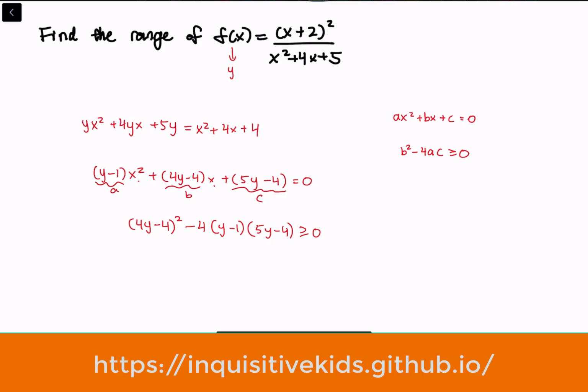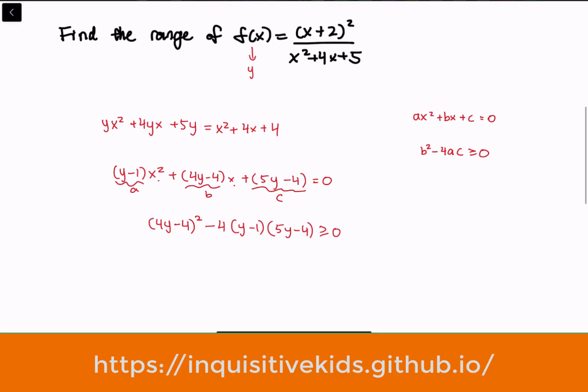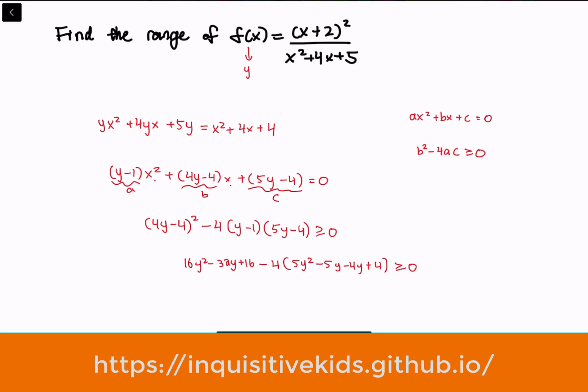Now we can simplify. We see that now we have an inequality with only the variable y. And this is exactly what we want because we're trying to find the limits of what y can equal. So let's expand our expressions. We can divide both sides of the equation by 4. Now we can further combine like terms.